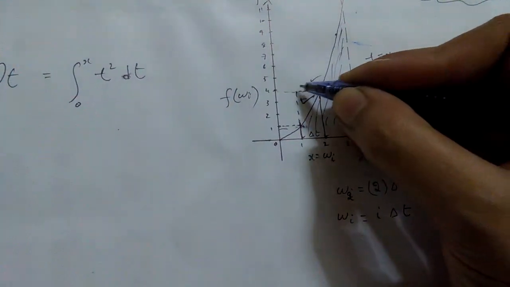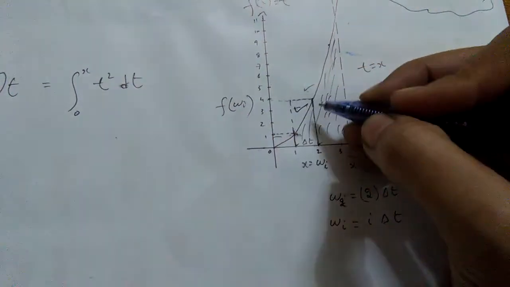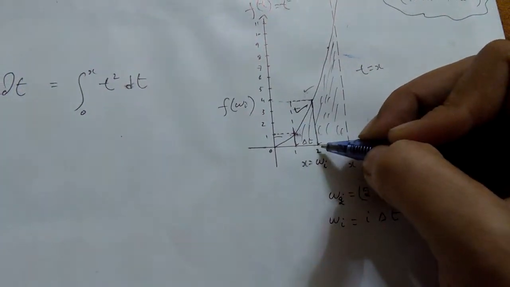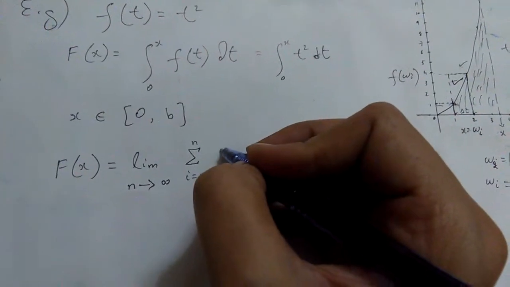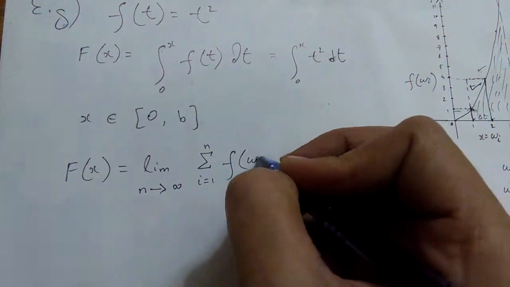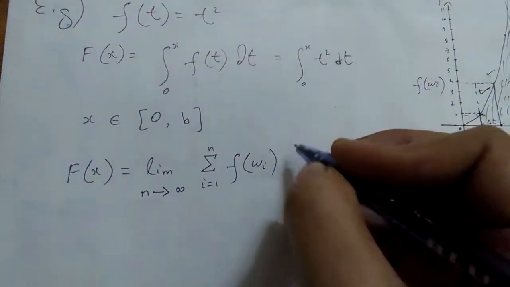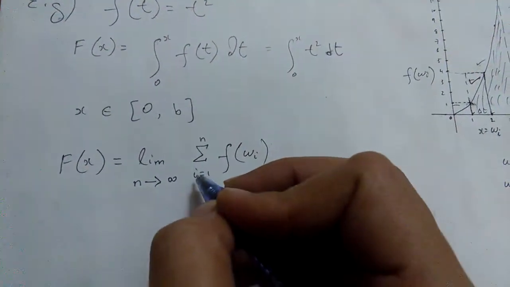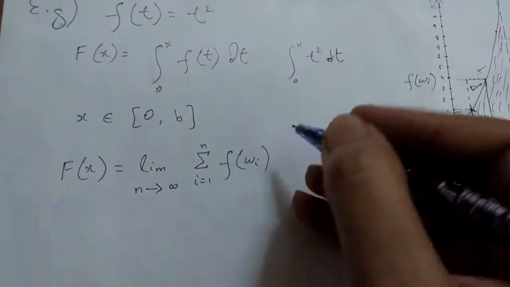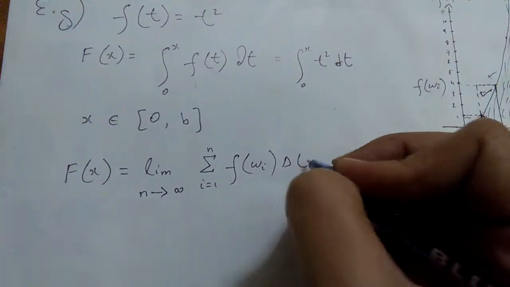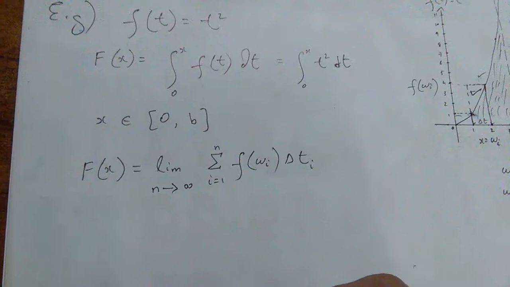Here the length of the rectangle is f of wi, and the width of the rectangle is del t. All of the rectangle areas you sum from i equals 1 to n, and n moves to infinity, like this.